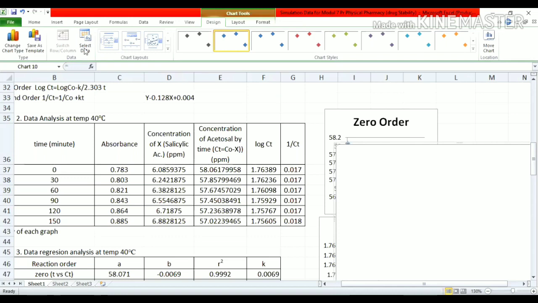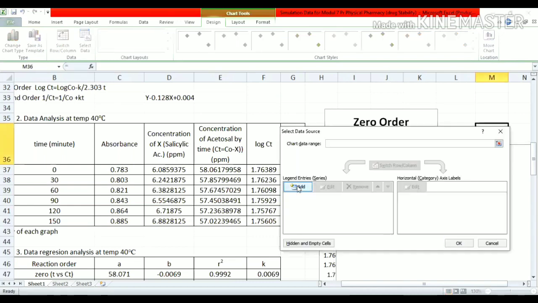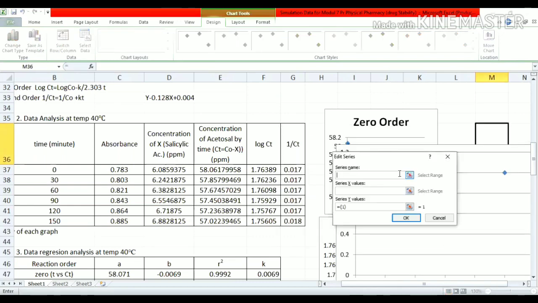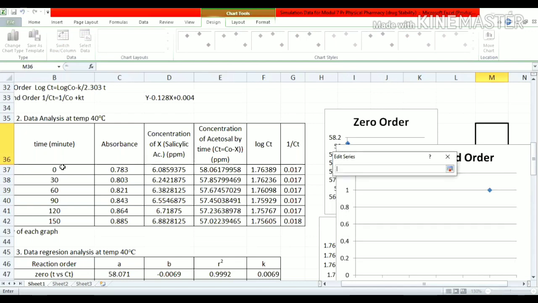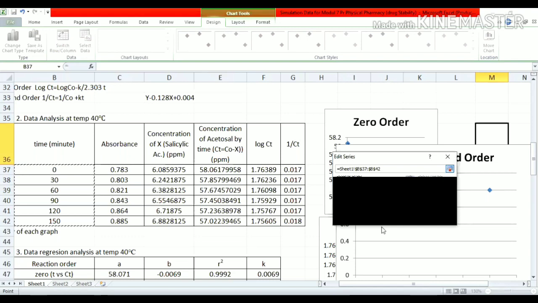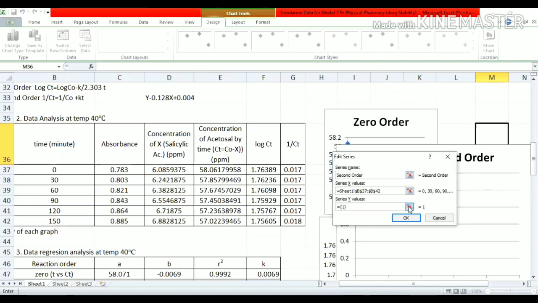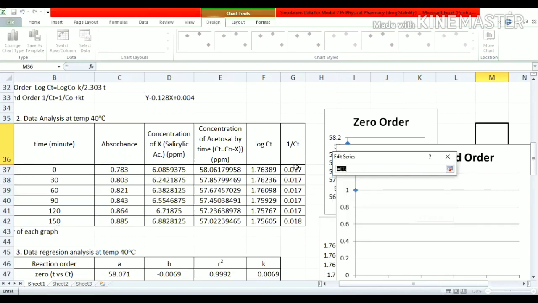And then we get the graph here, and then we can put the trend line. Just click the data and then add trend line. Click the linear here and display equation and also the R square. Then now we get the data of the R square. So we can make it smaller.